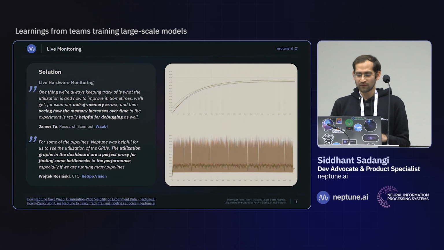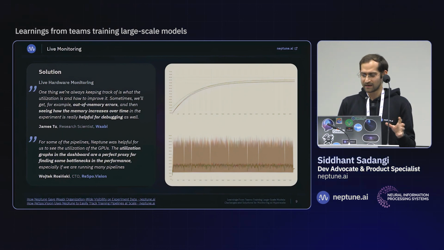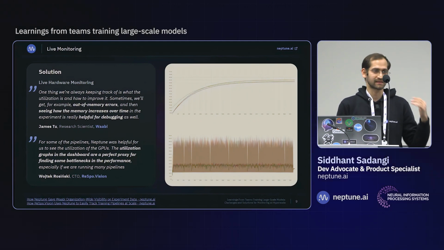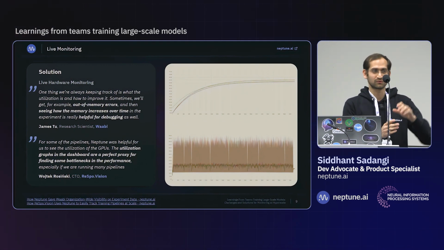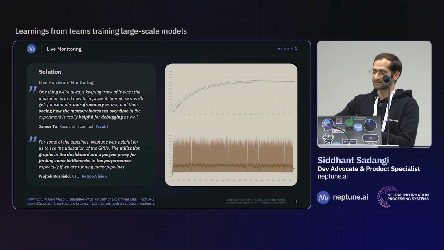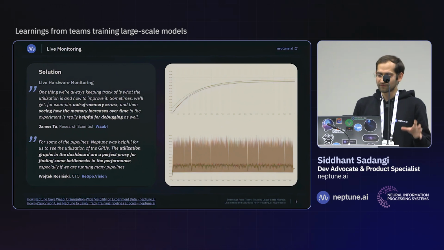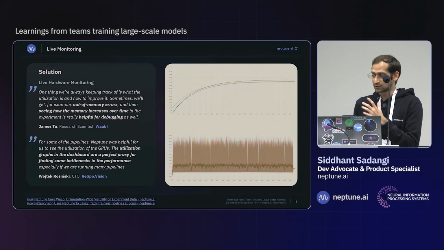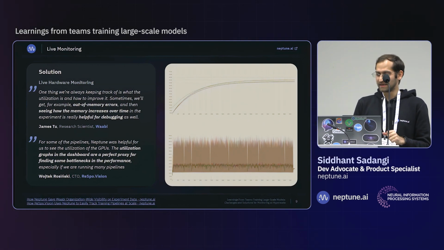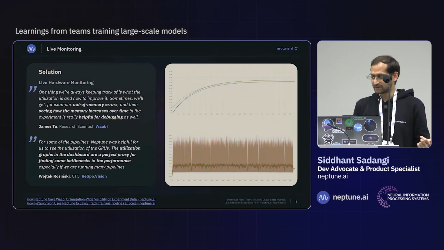Live monitoring of resource utilization is pretty hard, especially without boilerplate code. I mean, you have libraries like psutil that help you capture system metrics and log wherever you want, but that involves a lot of boilerplate code, which you would rather use for training your model, not monitoring the resources. Most training frameworks don't handle this out of the box, but most experiment trackers actually do. So while this does not solve the problem of hardware failures, it makes it easier to debug and find the root cause.